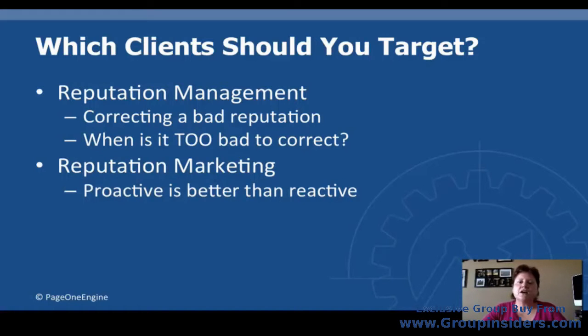Better to take a customer that doesn't have any reputation or just has a decent reputation and explain to them the benefit of the future and why they want to start now and not wait till they have negativity. A negative situation is bound to happen, whether it be the competitors or just some customers. We can't please everyone. We are going to have people that are going to put out negative reviews.